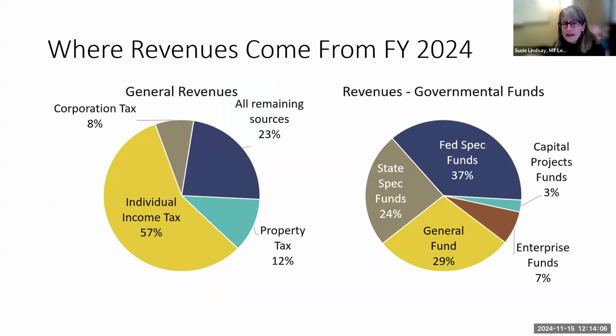So on the left, we are talking about general revenues. Now, general revenues is not the same thing as general fund revenue, and this is another way that we report out. General revenues is actually defined in statute also, and it includes all of general fund revenue, plus the school equalization payments.